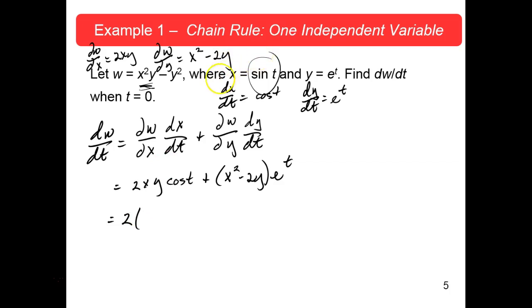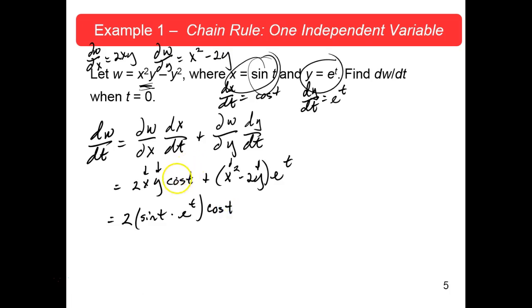So this would be 2, and what's your x? We're plugging in for x and y. Your x is sine t, and your y is e to the t, and then you have your cosine t.